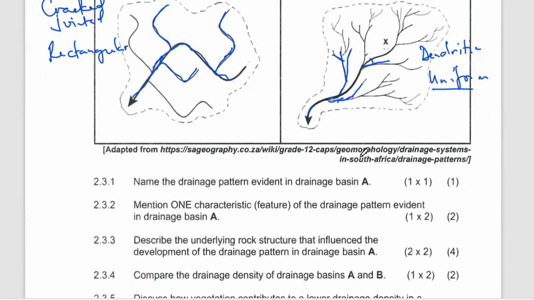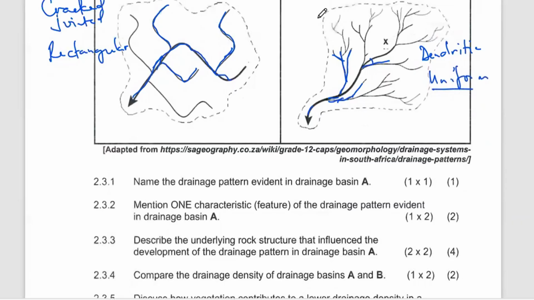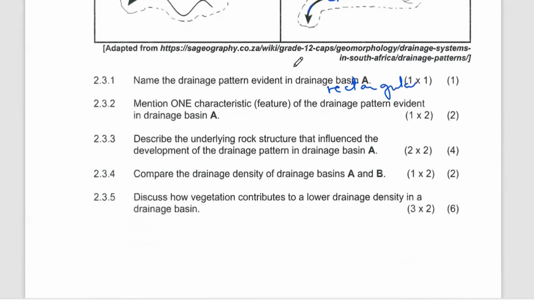Right, let's go to our questions. Name the drainage pattern evident in drainage basin A. We have answered that. The drainage pattern there is rectangular in A. Mention one characteristic or feature of the drainage pattern evident in drainage basin A. The feature, right, the streams, if you check, they meander at right angles.